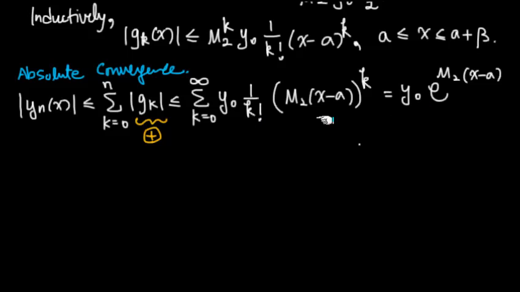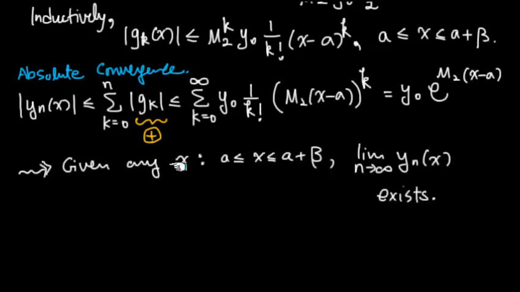This value is exactly equal to e to the m2 times x minus a. If you look at the Taylor series of e to the x and put this thing in there, you will get exactly this part. So we proved that the series of positive terms is bounded by that, therefore it converges. Absolute convergence means yn is also converging.